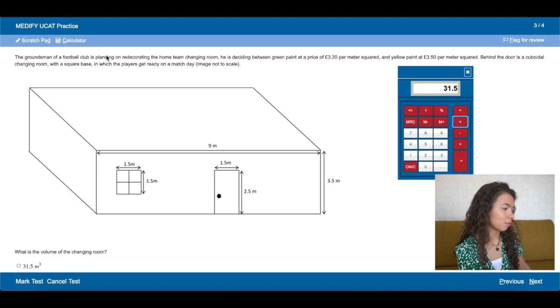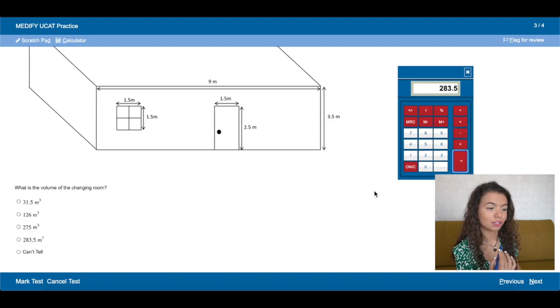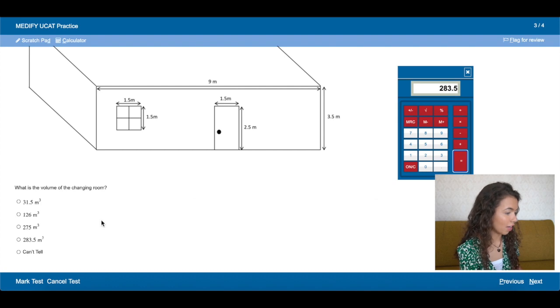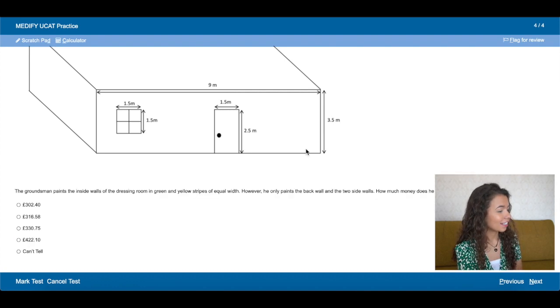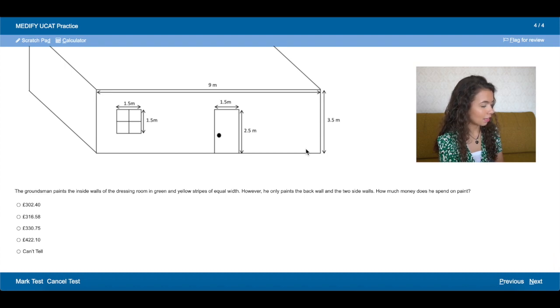So, groundsman of a football club is planning to redecorate, and so on. Behind the door is a cuboidal changing room with a square base. Okay, so because it's a square base, you can assume that both the length and the width are 9 meters. So we're going to multiply it by 9 again to give you 283.5 meters cubed.